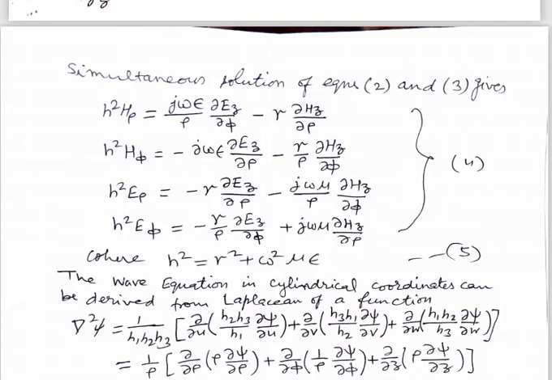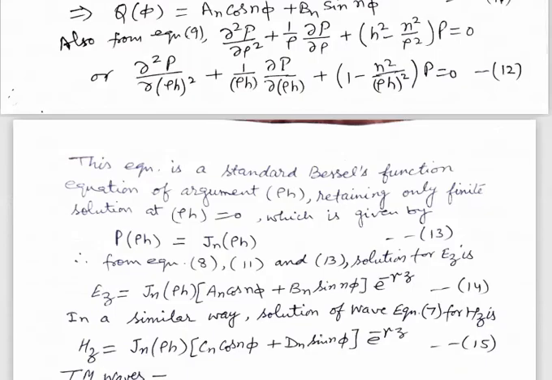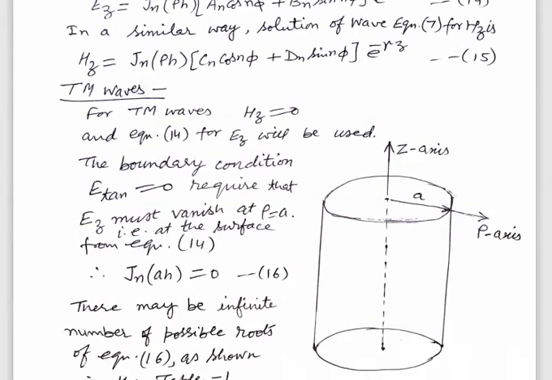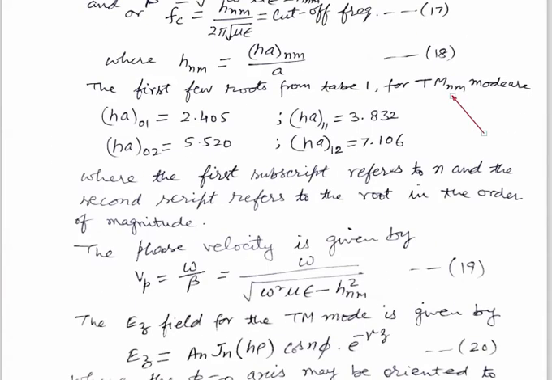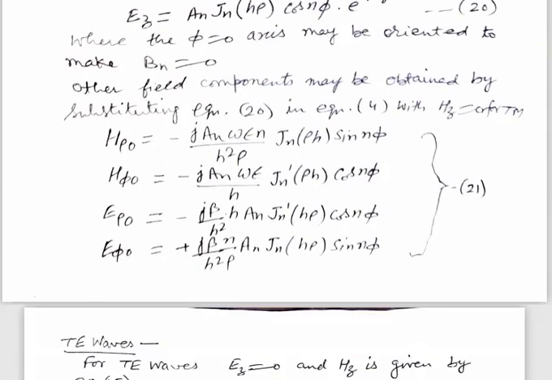So for TM waves, since Hz equal to 0, therefore in equation number 4 the last term in all the 4 equations vanishes, and the value of Ez in the first terms is substituted from equation number 20, and then we may write down all the field components for the TM waves.